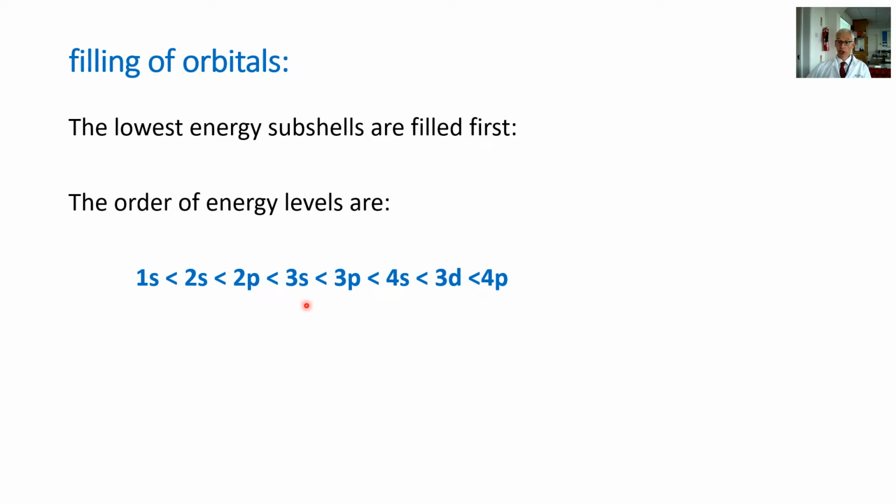Then the third shell is split into 3s, which is of lower energy than 3p, which is lower energy than 3d. But 4s comes between 3p and 3d, so 4s is of lower energy than 3d. Then the progression 4p and so on.